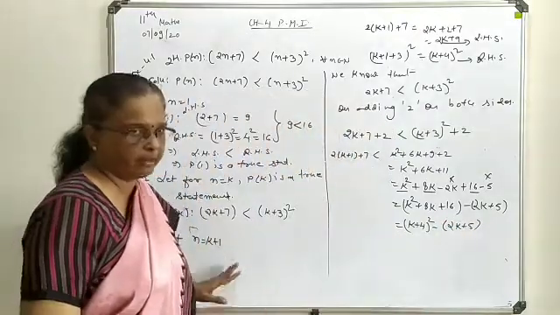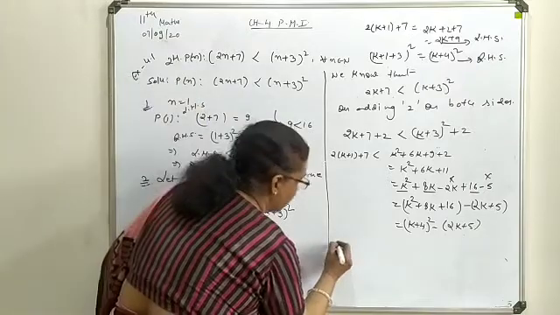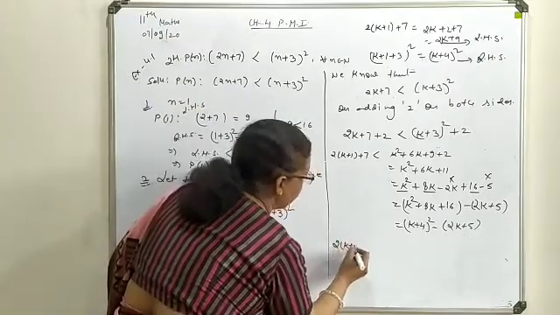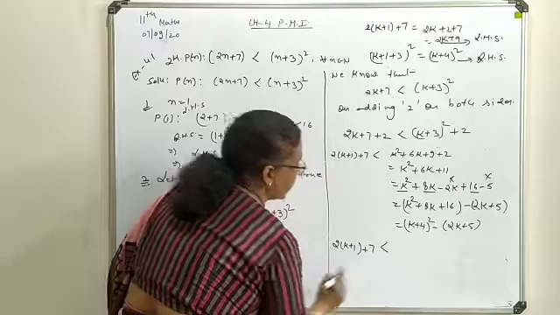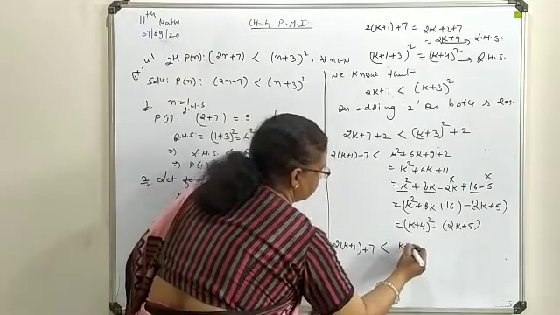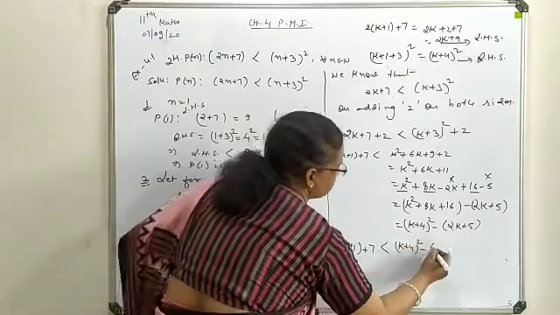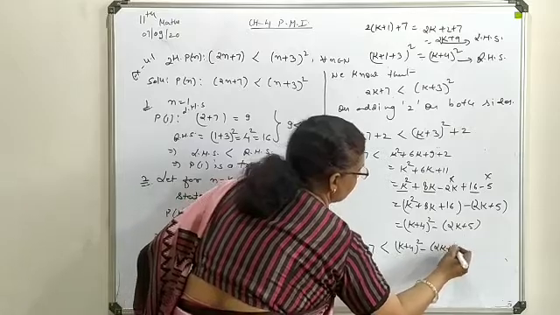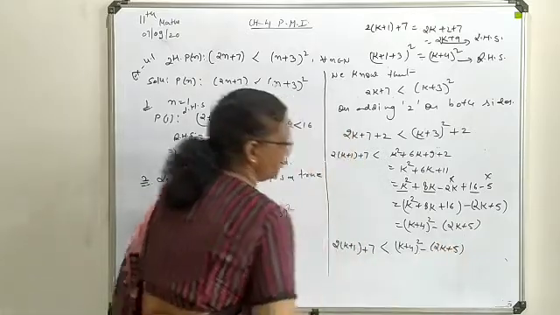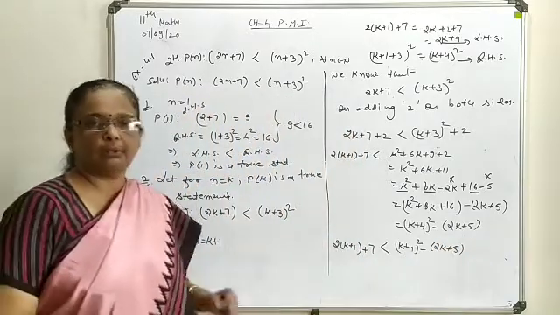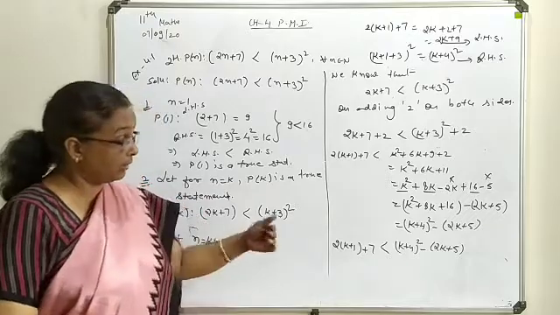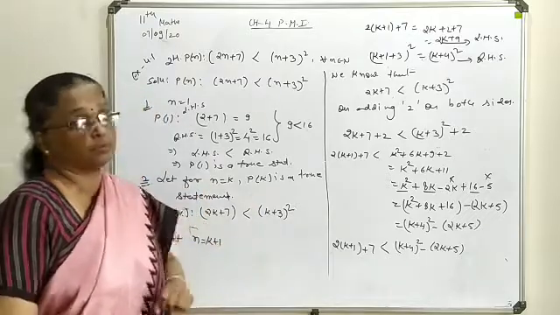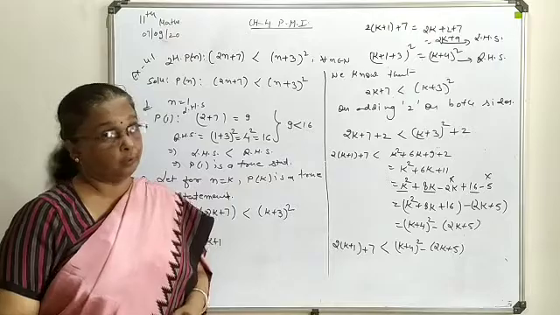So finally what we have generated: 2k plus 1 plus 7 less than this much. Now one thing is left: we have to compare with k plus 4 whole square only.